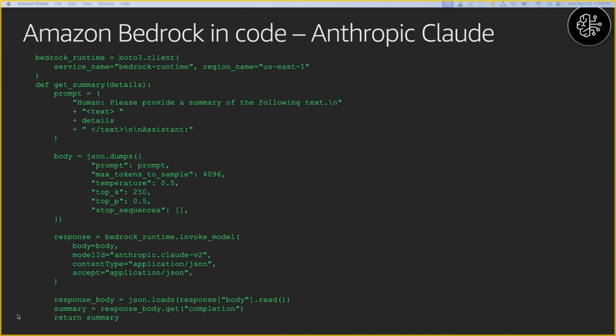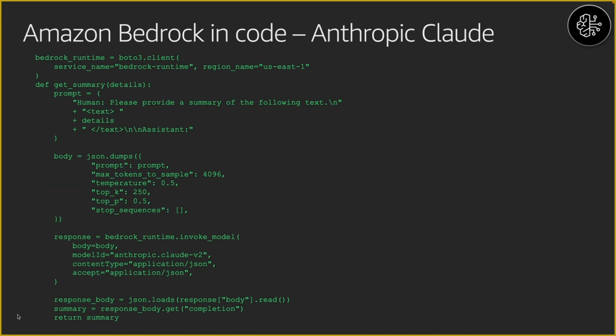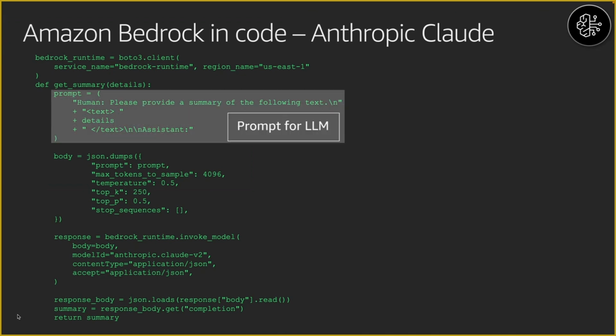I like to see things in code, and I think it helps make things more concrete, exactly how this actually works. So I thought I'd start with a simple example of actually using Amazon Bedrock with the Anthropic Claude model. The way this works is that you first provide a prompt for the large language model.